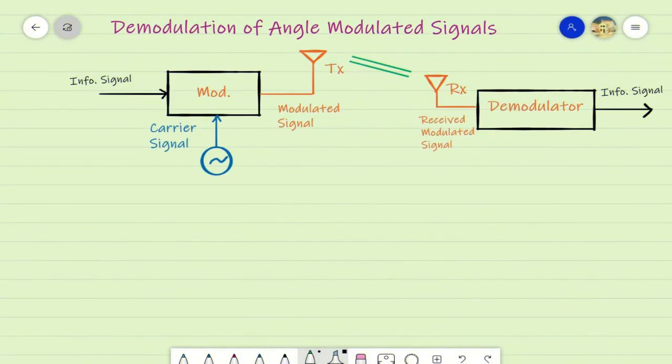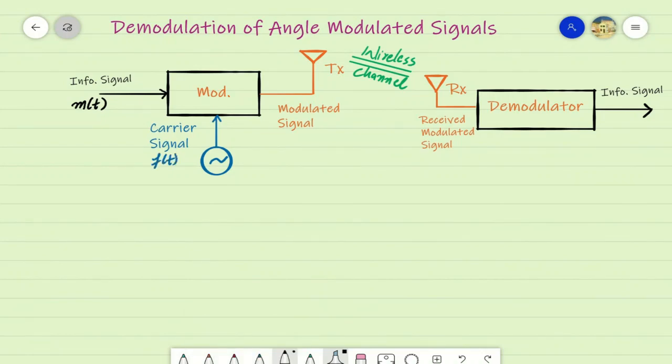Since the information signal cannot be passed through a wireless channel in its original form, we require modulation of the information signal over a carrier signal which has properties suitable for transmission and propagation through the wireless channel. In our previous lectures, we referred to the information signal as m of t and the carrier signal as f of t.